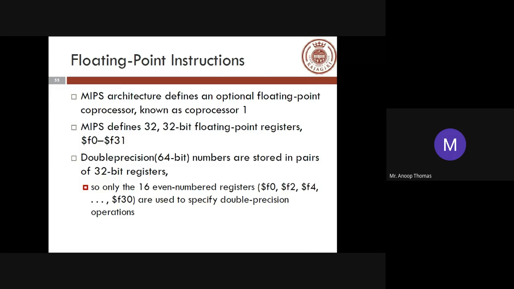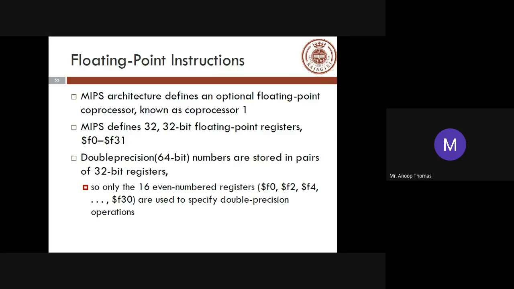Go back to your module 3 and see. But the point to be noted, it's an optional thing. MIPS architecture supports it, but there might be certain MIPS processors which don't take in floating point.